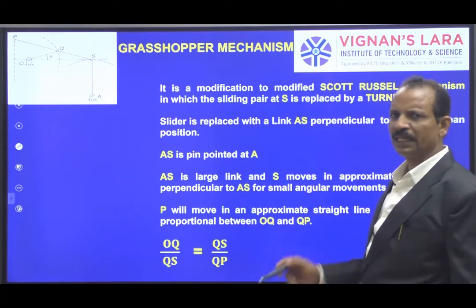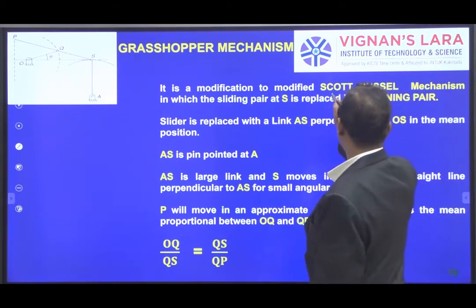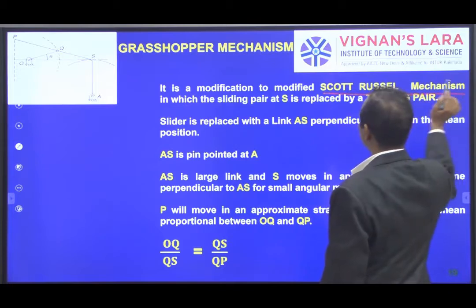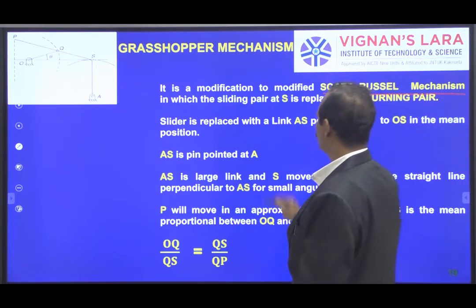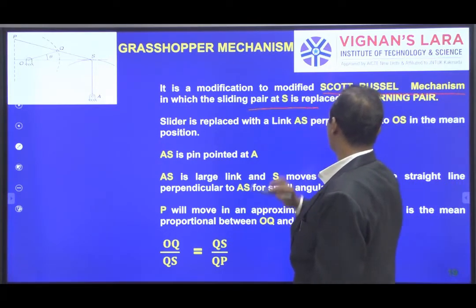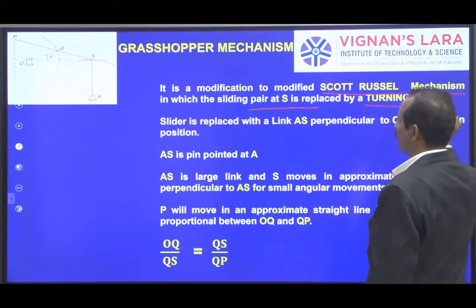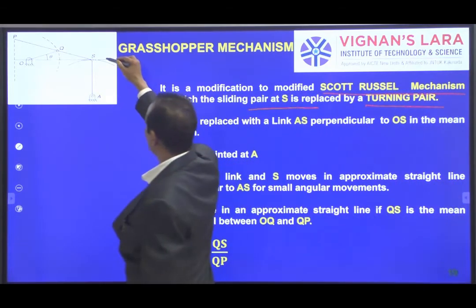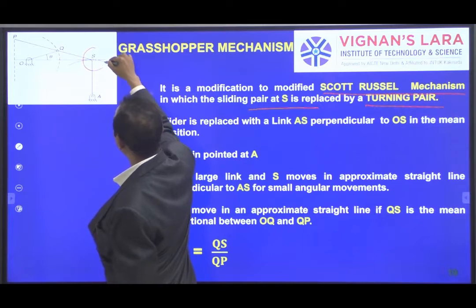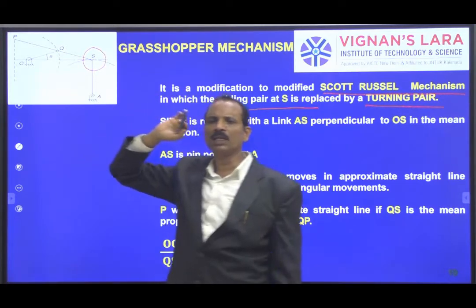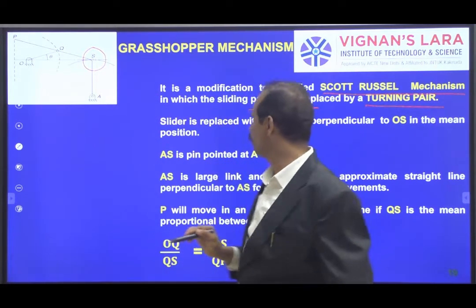As I said just now, it is a modification of the modified Scott-Russell mechanism, in which the sliding pair at S is replaced by a turning pair. You can observe here, the sliding pair in the modified Scott-Russell mechanism is replaced by a turning pair.